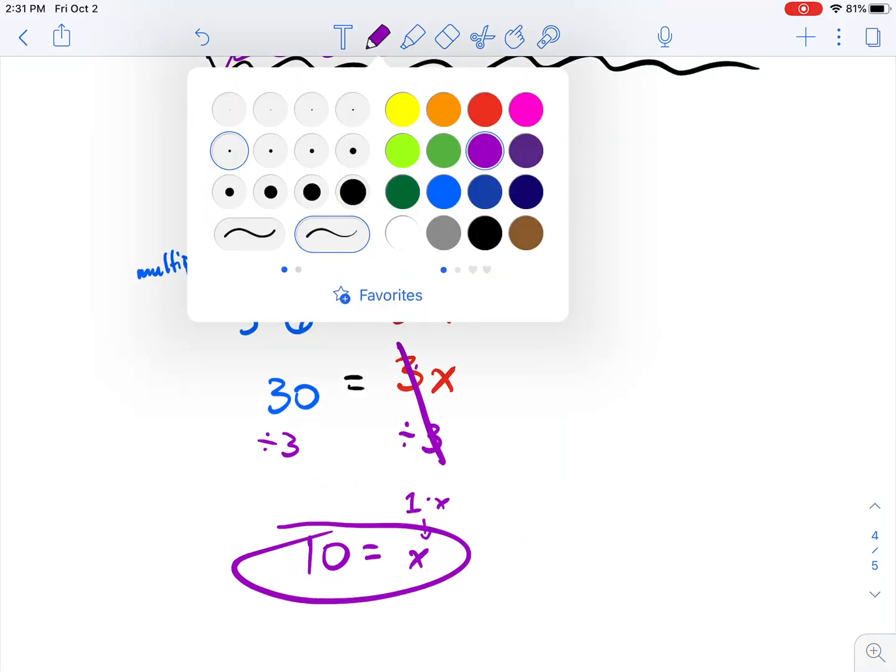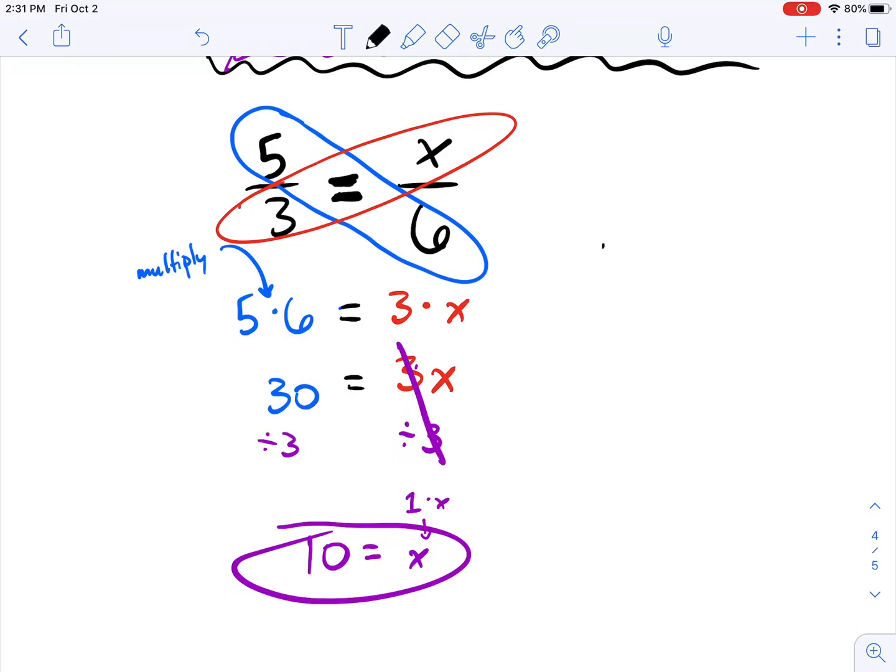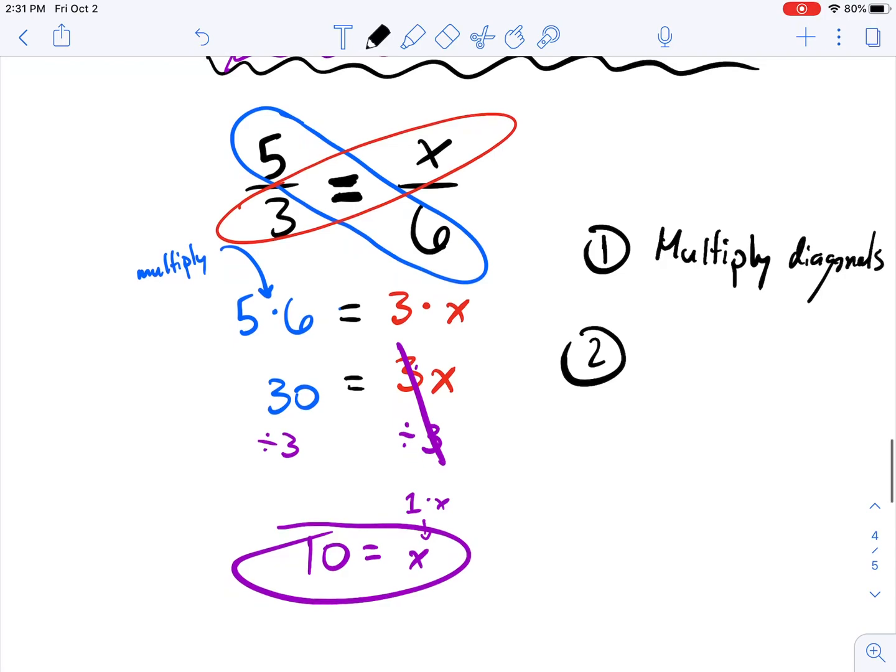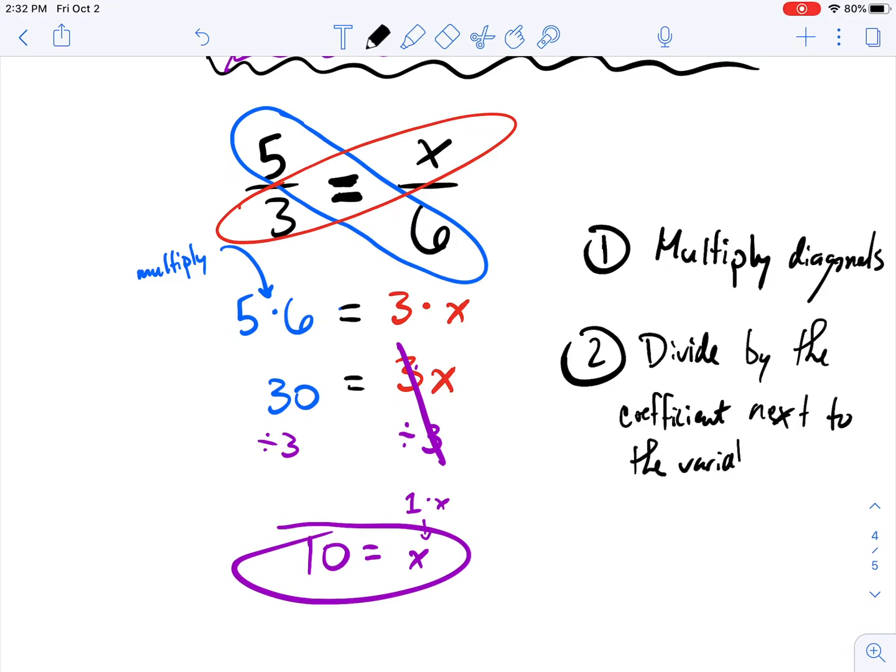So your steps are: Step 1, multiply diagonals. So that's the cross multiply. And then you're going to divide by the coefficient next to the variable, okay?